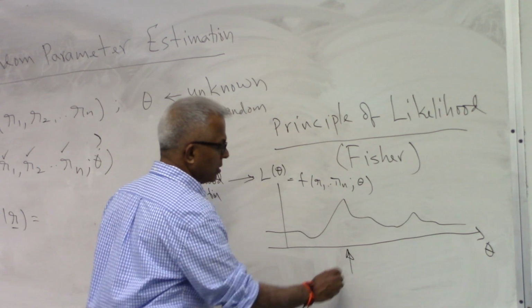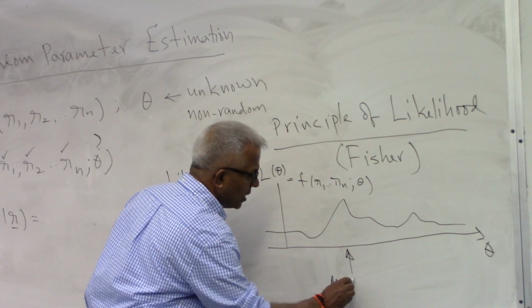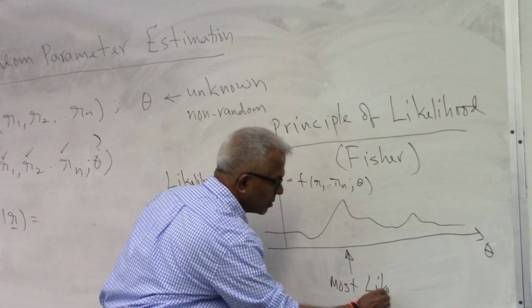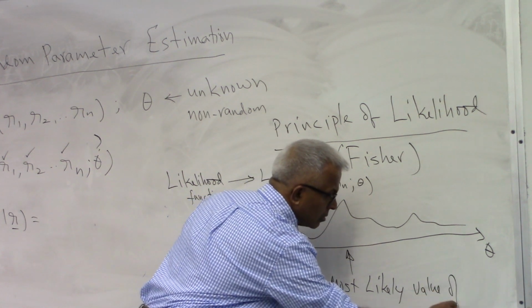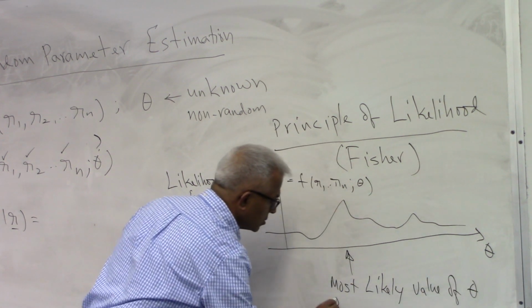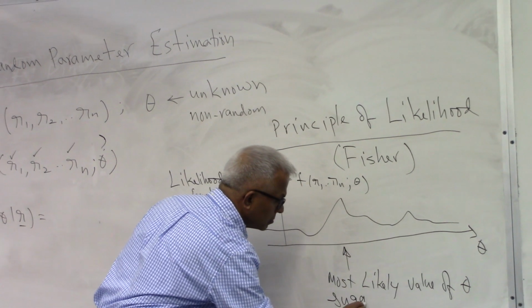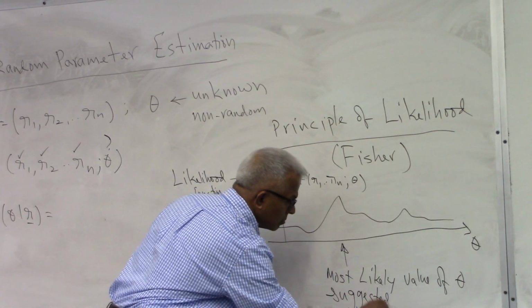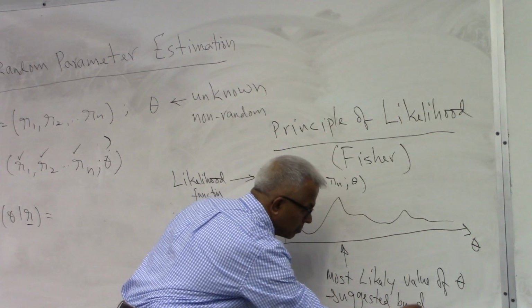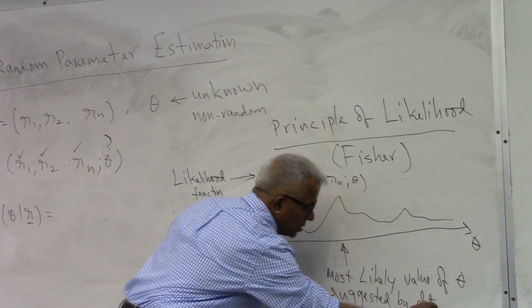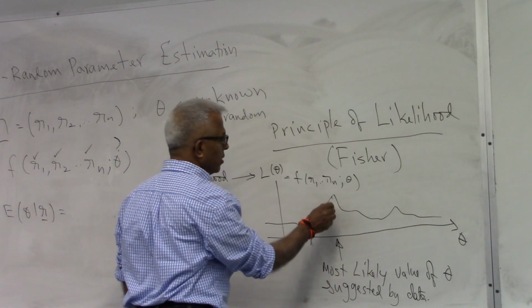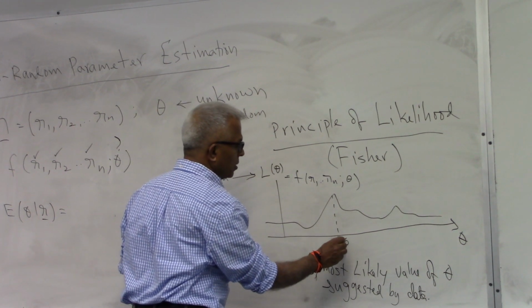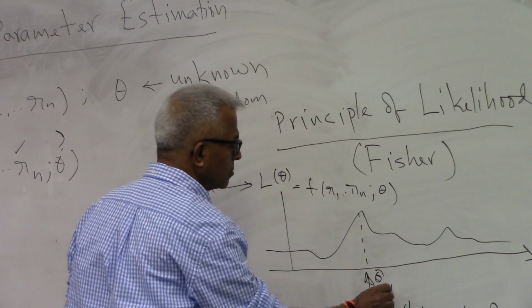So this is the most likely value of the unknown theta suggested by the data that you just collected. We can call that theta hat ML.